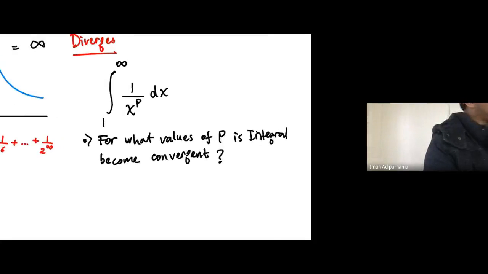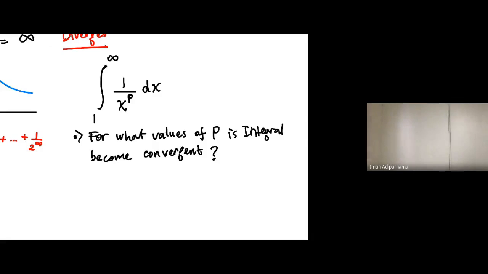So we can make a new relation to find this p. Before that, I showed you that 1 over x and 1 over x squared give different results, right?